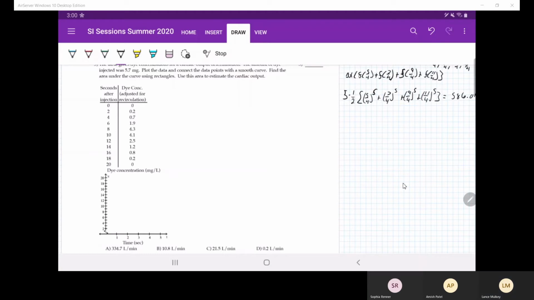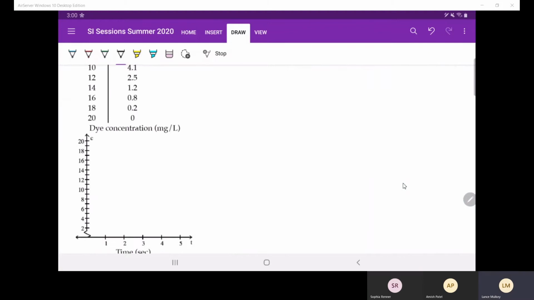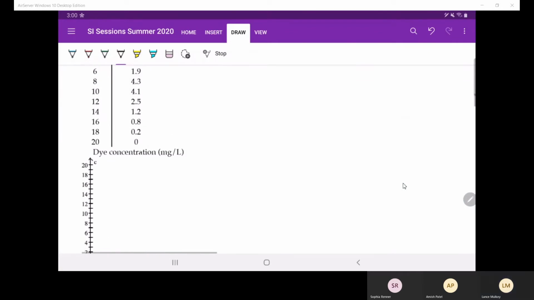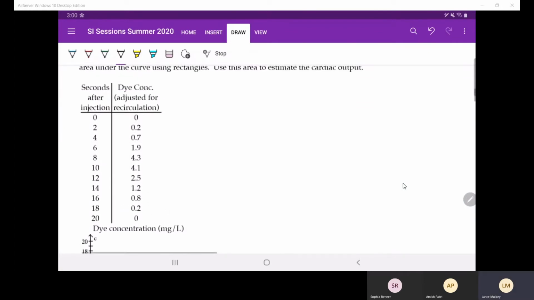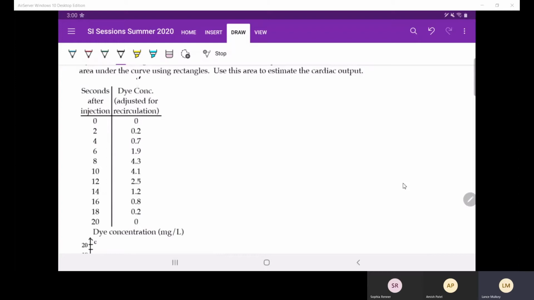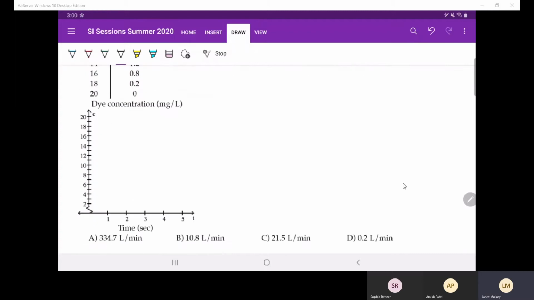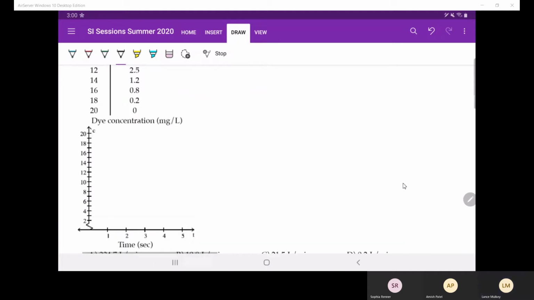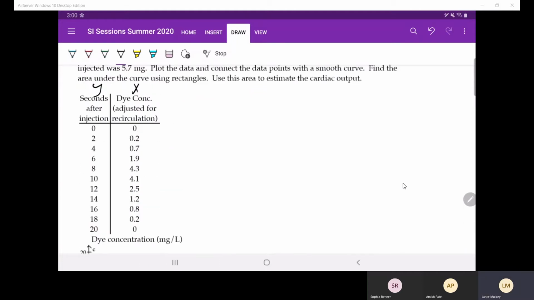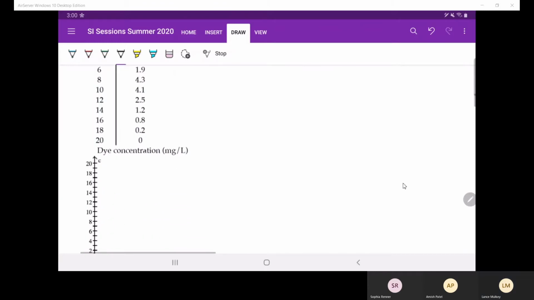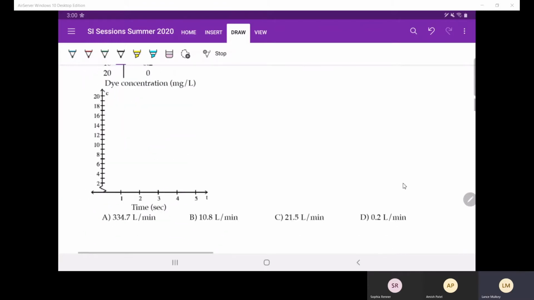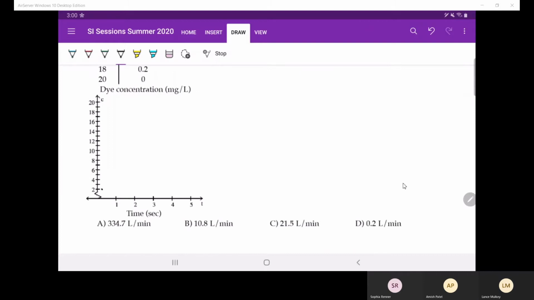So I'm going to do something unorthodox, and I'm going to graph it on the y-axis. I'm going to swap these. So this is x, and this is y. Well, no, yeah, time is on the x-axis, but it's wrong. The distances are wrong. So I'm going to say this is the x-axis and this is the y-axis. So at 2 seconds, it's 0.2.